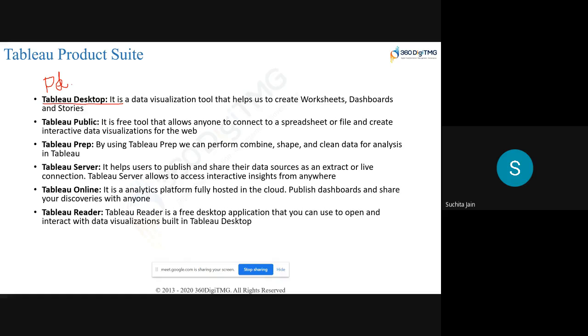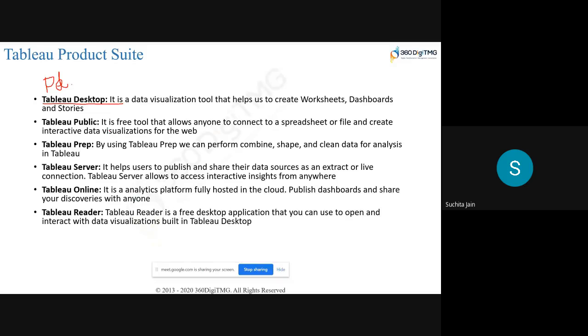It is only within the group of people you want your data to be shared with. So for that, you need a Tableau administrator to maintain it. But Tableau Online is a free service hosted on the cloud, wherein you can share whatever graphs you are presenting or making. Okay, so that is the biggest difference here.